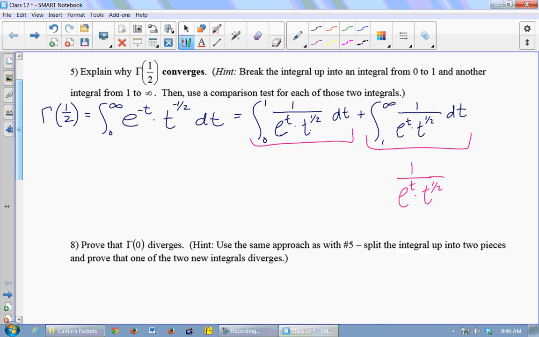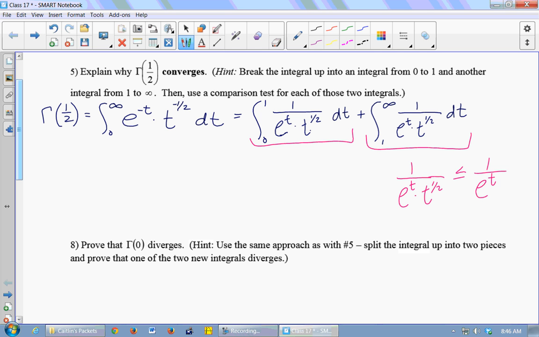Yeah, 1 over e to the t in this case. This function, my integrand, is always smaller than 1 over e to the t, right? Because the denominator will be bigger. Because I'm going from 1 to infinity, e to the t and t to the 1/2 are both increasing functions.